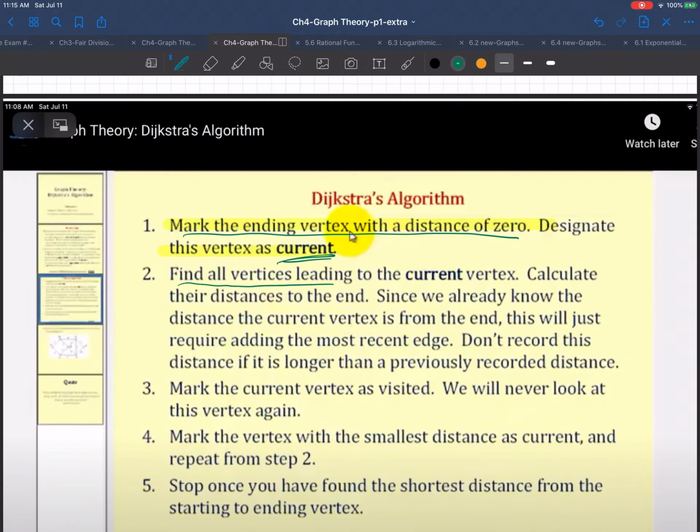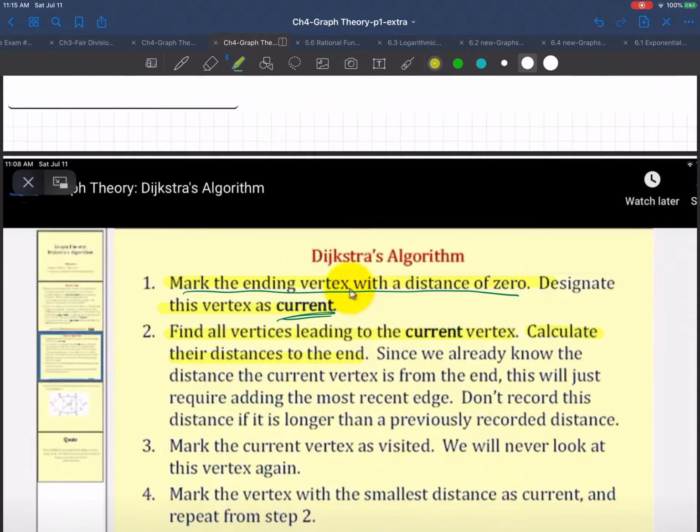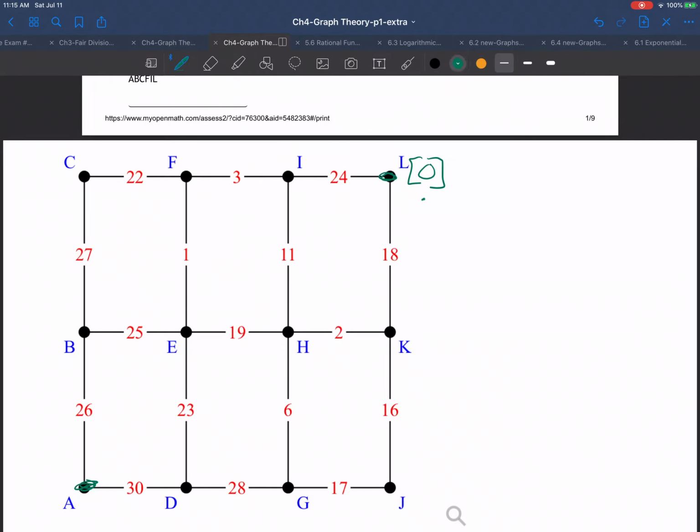Find all vertices leading to the current vertex. Calculate their distances to the end. Okay. So the rules said make this one current. I'll circle it. It's current. And think about all the points that lead to that point.